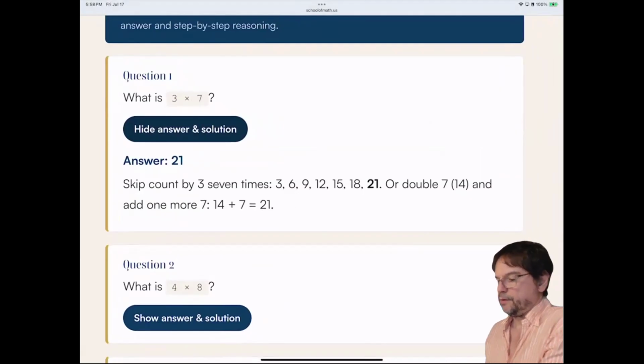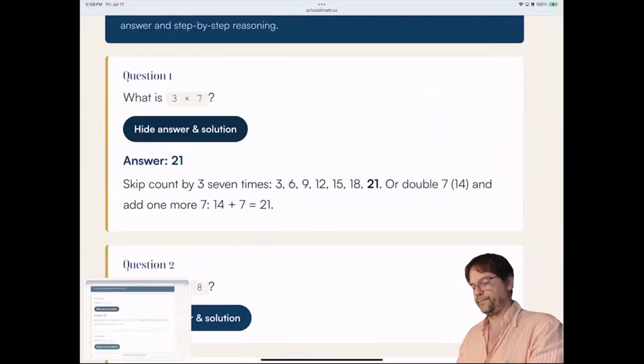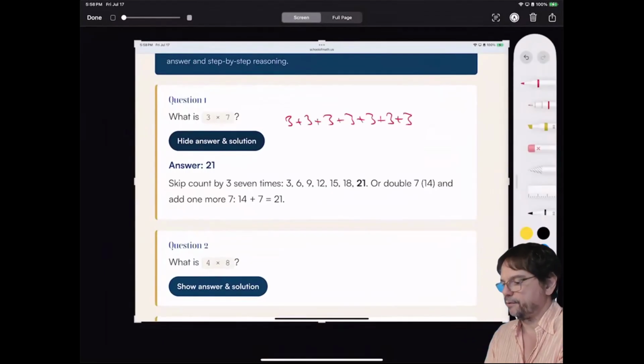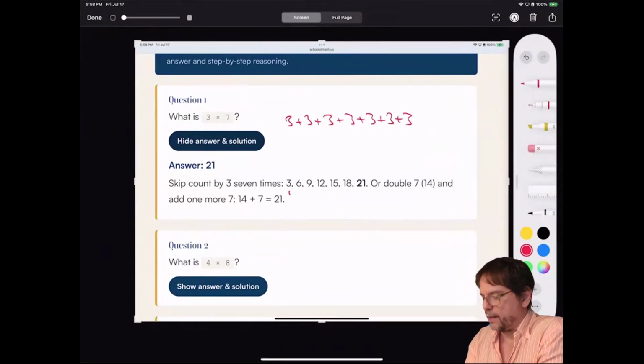Okay. You can do 3 plus 3 plus 3 plus 3 plus 3 plus 3 plus 3, 7 times, and count. Or you can list 1, 2, 3, 4, 5, 6, 7. 21 is the 7th multiple of 3.